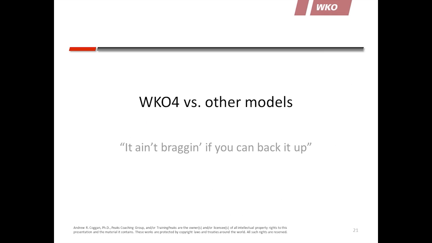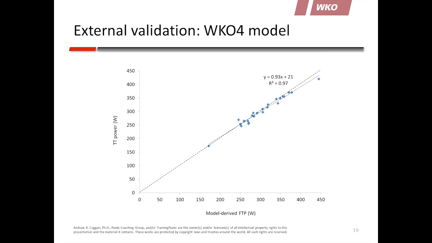Well, I don't really know. I was going to go back to that, but they're interested in comparing not the model-derived FTP to what somebody does during a TT. They want to compare model-derived FTP to the 95% of 20-minute power. My answer would be I don't know. I haven't looked at the data that way. It's going to be really close because there isn't a lot of variation between individuals at 20 minutes.